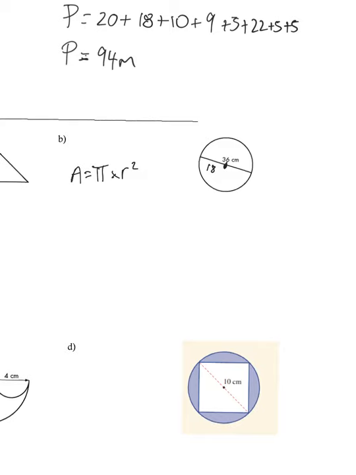If you can't hear, I'm at school, the bell's going. But we'll persevere. Area equals pi times, our radius is 18, squared. Sorry if it's drowning me out. Okay, and then just put that straight in your calculator.